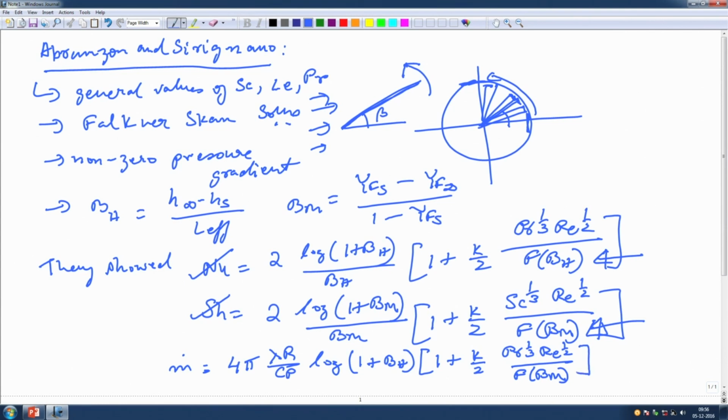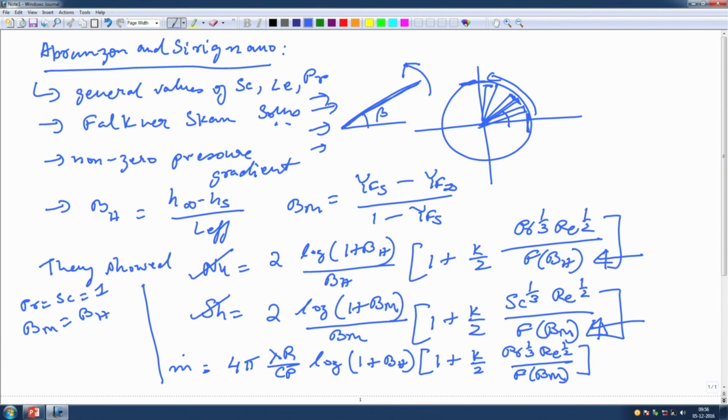Okay. Got it. Now, there is one other assumption: when Prandtl number is the same as Schmidt number, equal to 1, your two heat and mass transfer numbers become equal to each other, right. That means Bm becomes equal to Bh.